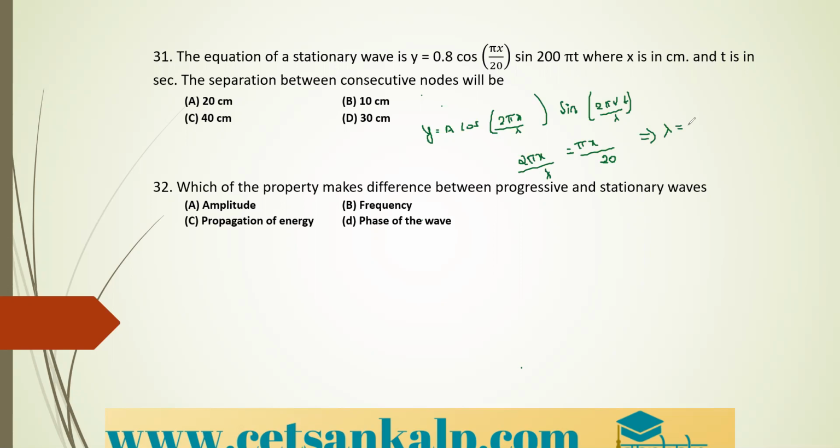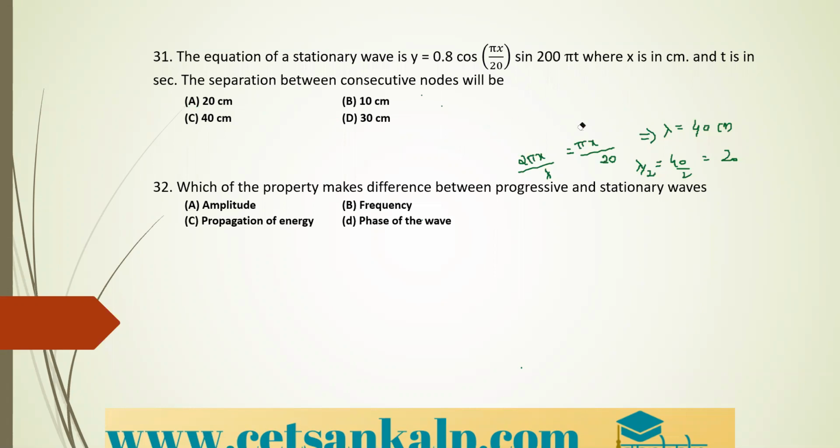Pi x will get cancelled. Therefore, lambda is 40 centimeter. The distance between two nodes is given by lambda by 2, therefore it is 40 by 2. Therefore, the answer is 20 centimeter. That is option A. Option A is the correct option here, right? Just compare with the standard equation, then simplify it.